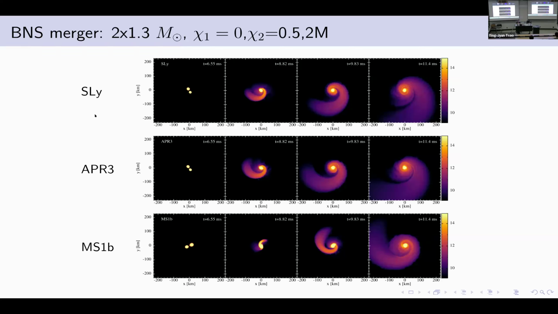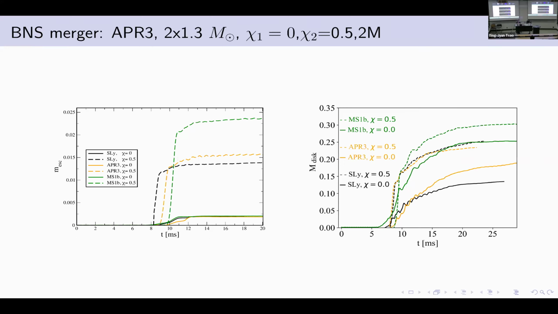Here I'm just showing results from 3 different resolutions: a soft equation of state, a harder equation of state, and the hardest equation of state we have looked at. And this really affects the amount of material that gets ejected.